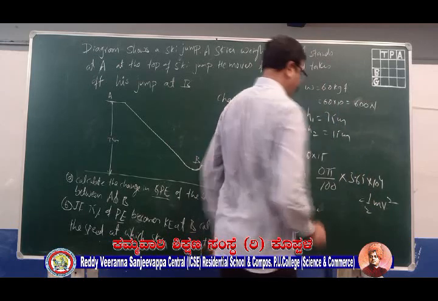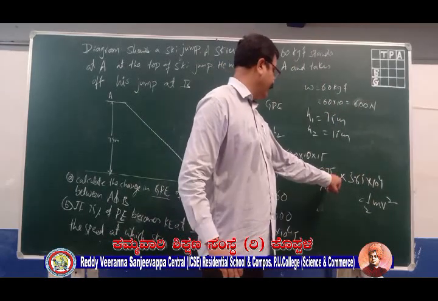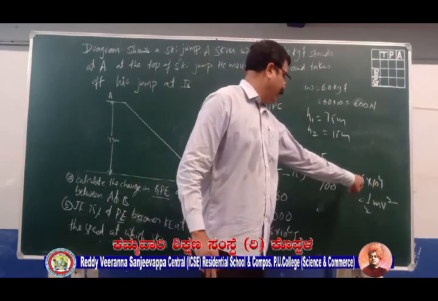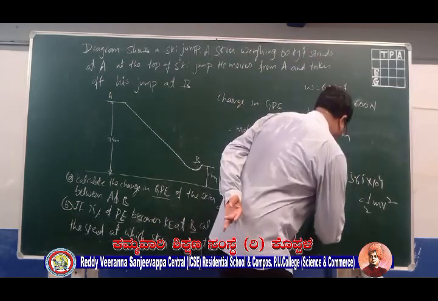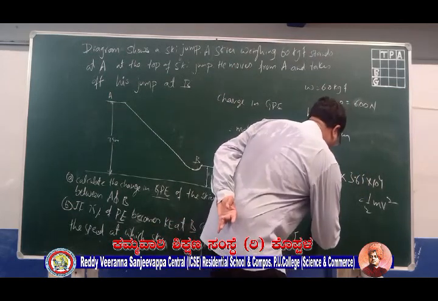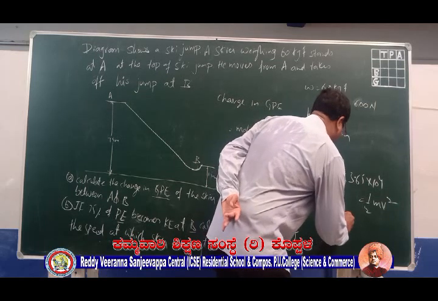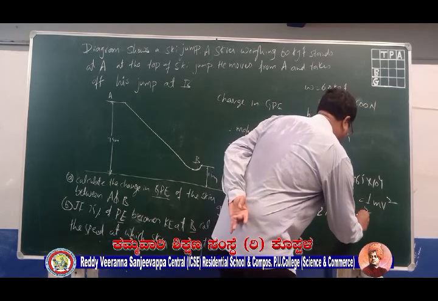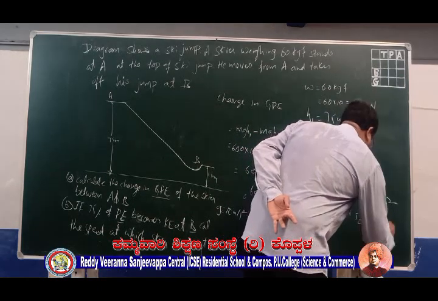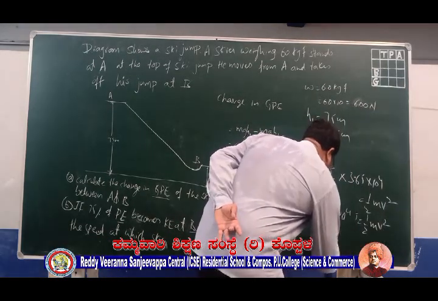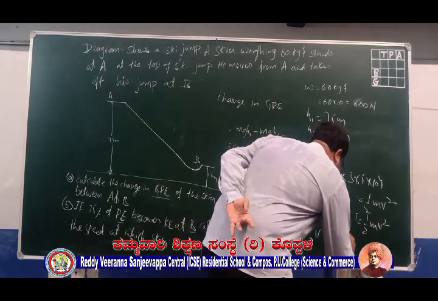So let me just calculate the thing here. So 75% of 3.65 into 10 to the power of 4 will become 2.7 into 10 to the power of 4 joule, which is equal to half mv square. Then if I substitute, I will get v as 30 meter per second.